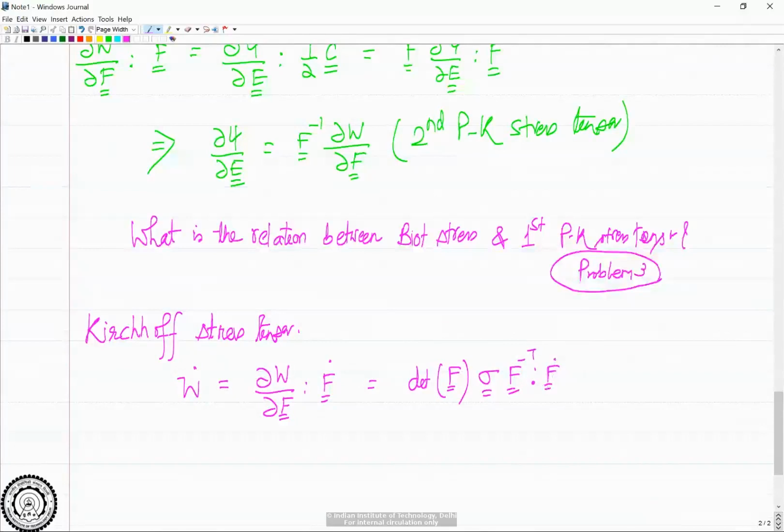Okay, and then you can do that trace business to say that this is the same as det F into sigma double contraction F dot F inverse.